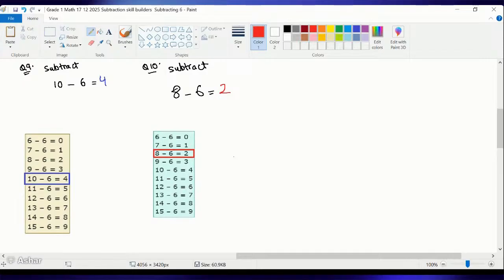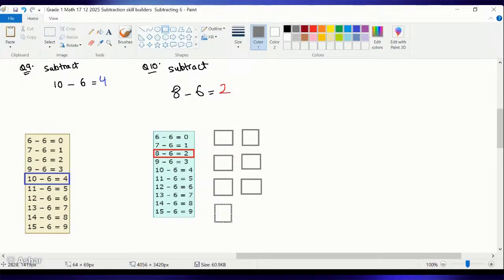And how can we confirm the answer? If we have 8 boxes, 8 squares, 1, 2, 3, 4, 5, 6, 7, and 8, right?